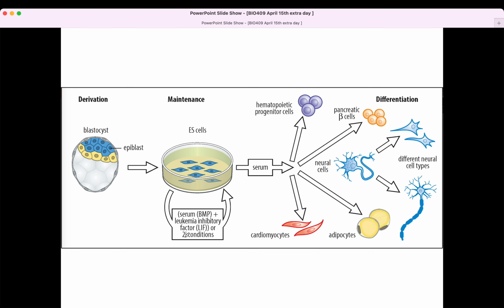So that's what's showing here, and it's just showing this idea that there are these factors that are just added to the dish, and these would be purified proteins that are added in kind of similar to how a person gives themselves injections of insulin. Insulin is a signaling factor, a signaling molecule.